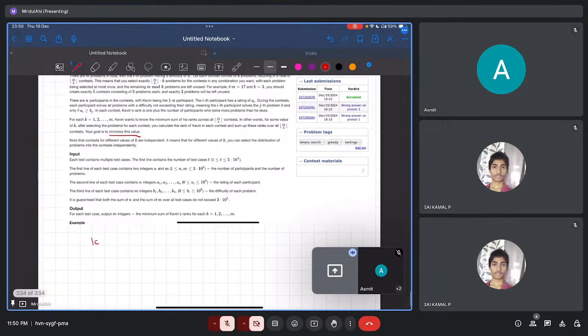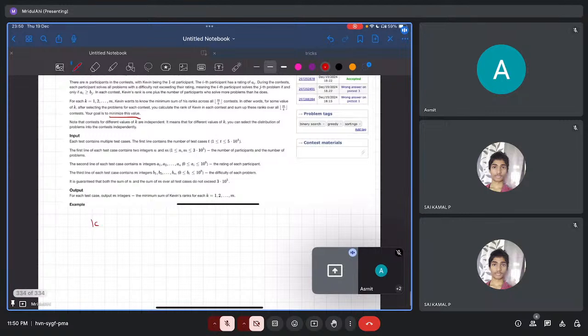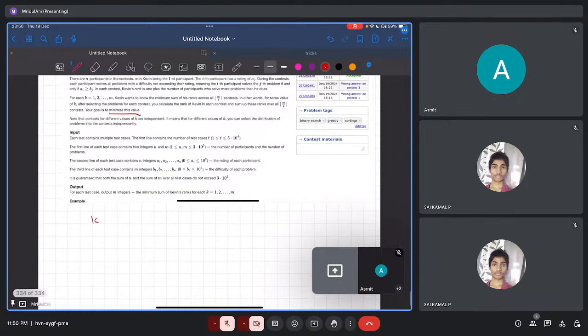So for a contest with k problems, for a participant to have a better rank, they should solve at least one problem more than the first participant.